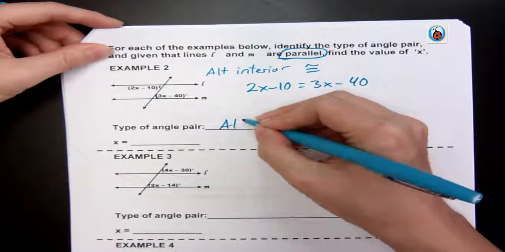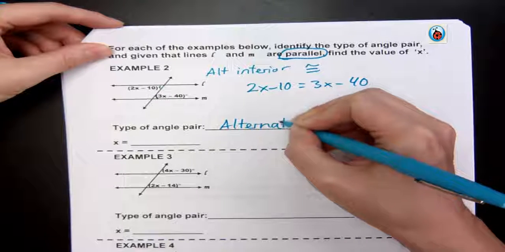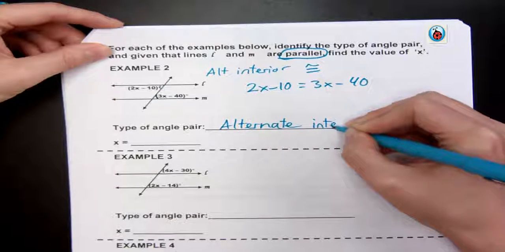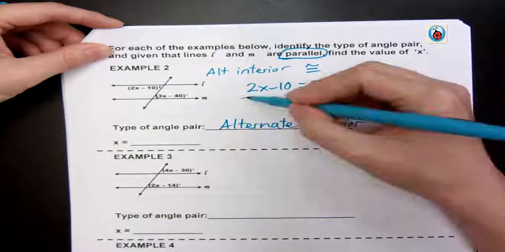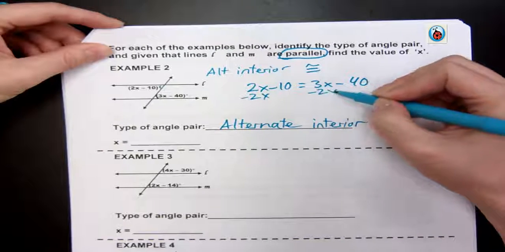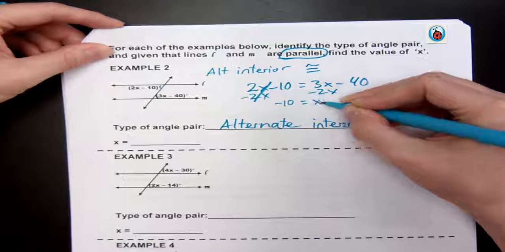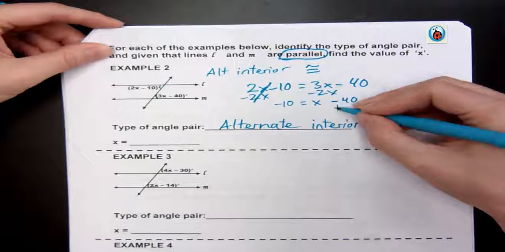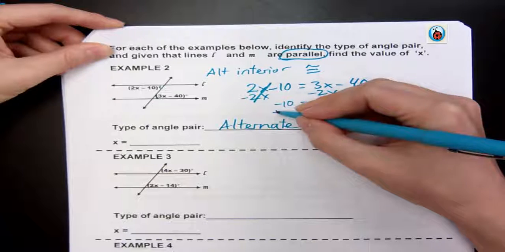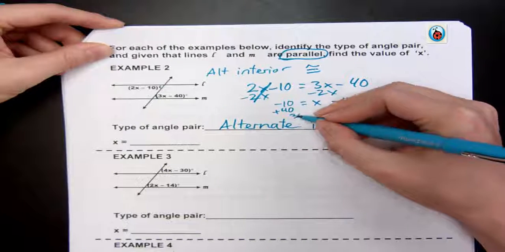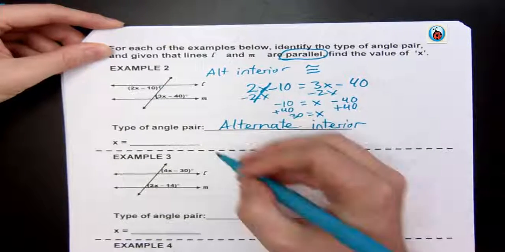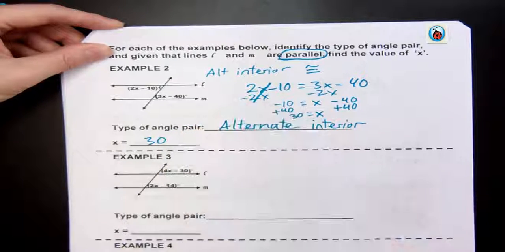So that was my alternate interior. And I solve by subtracting 2x from both sides. That cancels out. I have negative 10 equals x minus 40. And I add 40 to get 30 equals x. And so my answer is 30.